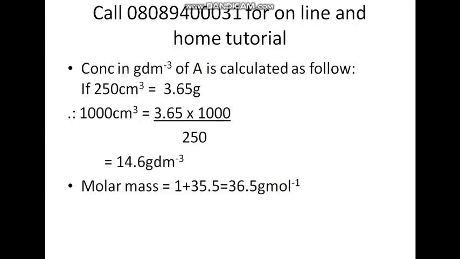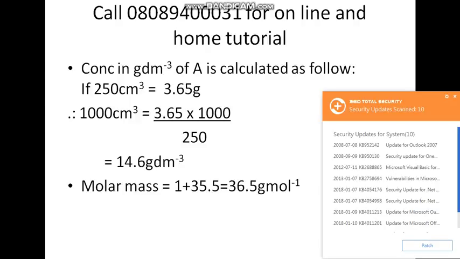Therefore, Ca equals 14.6, which is the concentration in gram per dm cube, divided by 36.5, which is the molar mass, and Ca is 0.4 mole per dm cube.